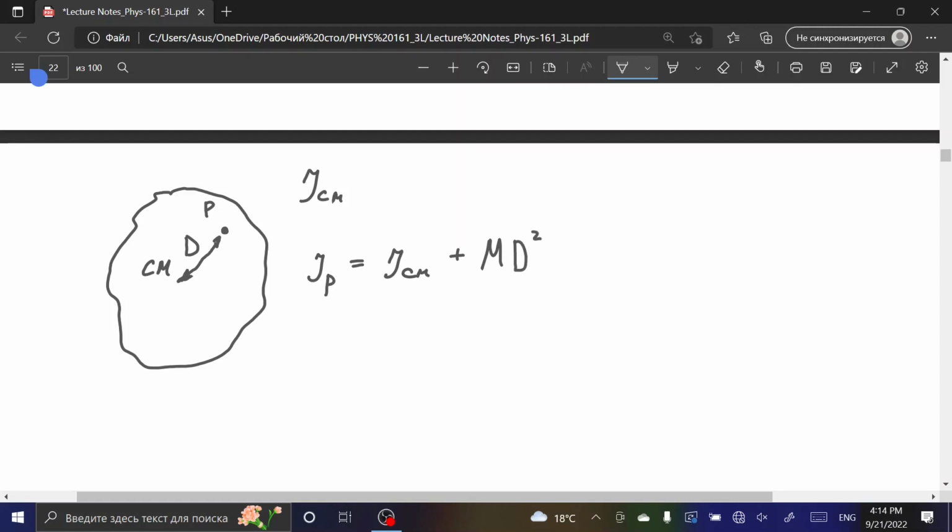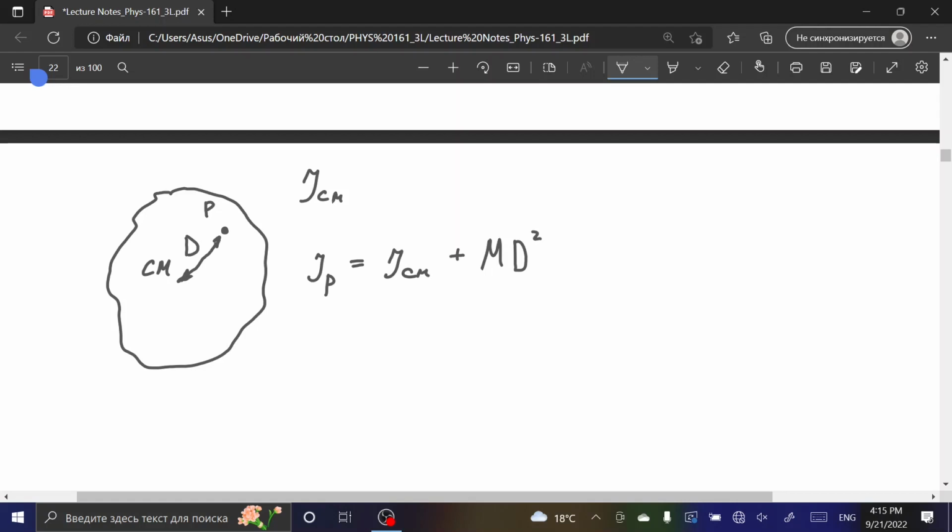So with this, once you know the moment of inertia with respect to the center of mass, you can get the moment of inertia with respect to any point of this body, assuming that we have a parallel axis of rotation. So it moves like this. If we change the angle, that of course doesn't work.